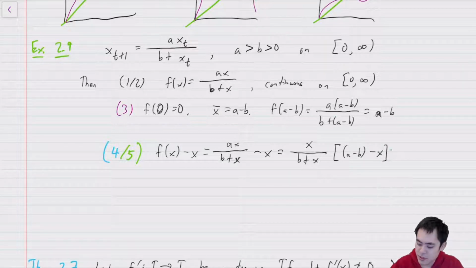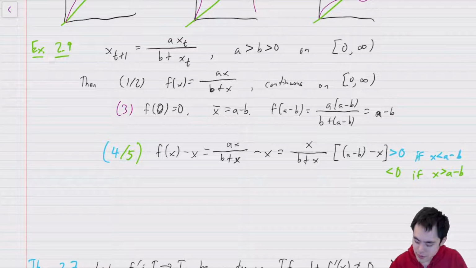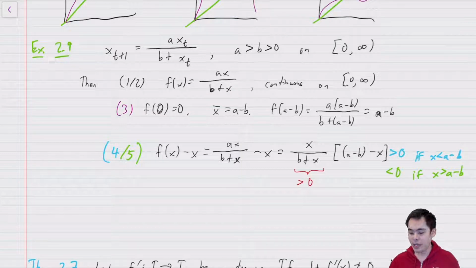But of course, this is greater than 0 if x is less than a minus b, and less than 0 if x is greater than a minus b. And you can just see that because this factor here is strictly positive, and because that's positive, you only have to look at the term in the brackets.